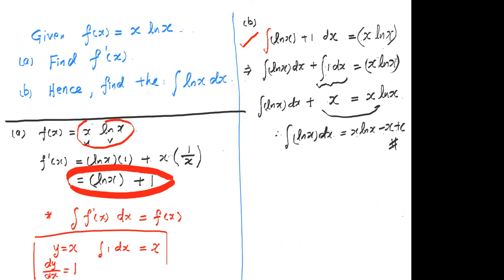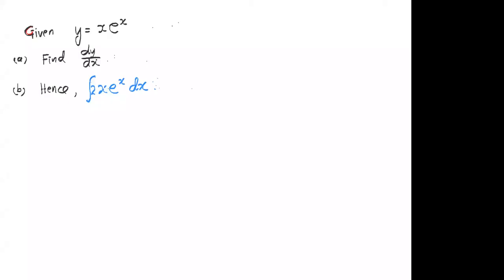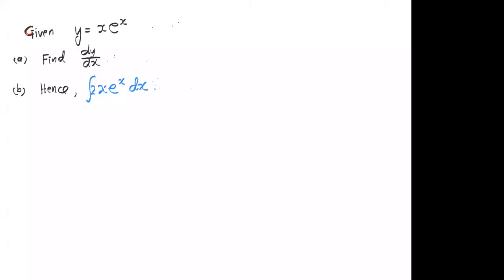So can you try this problem? 5 minutes. So now, part A. dy dx is equal to v u prime plus u v prime.